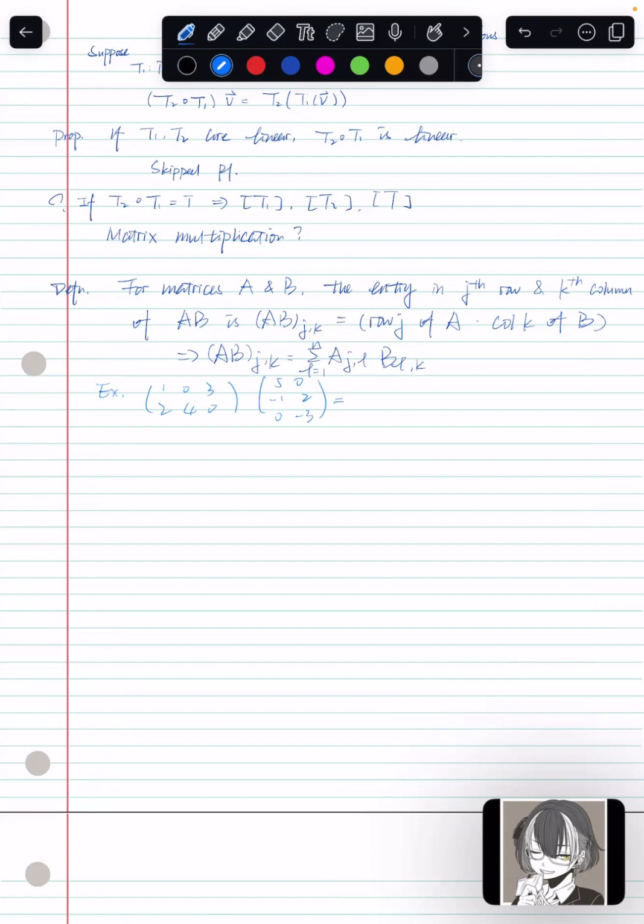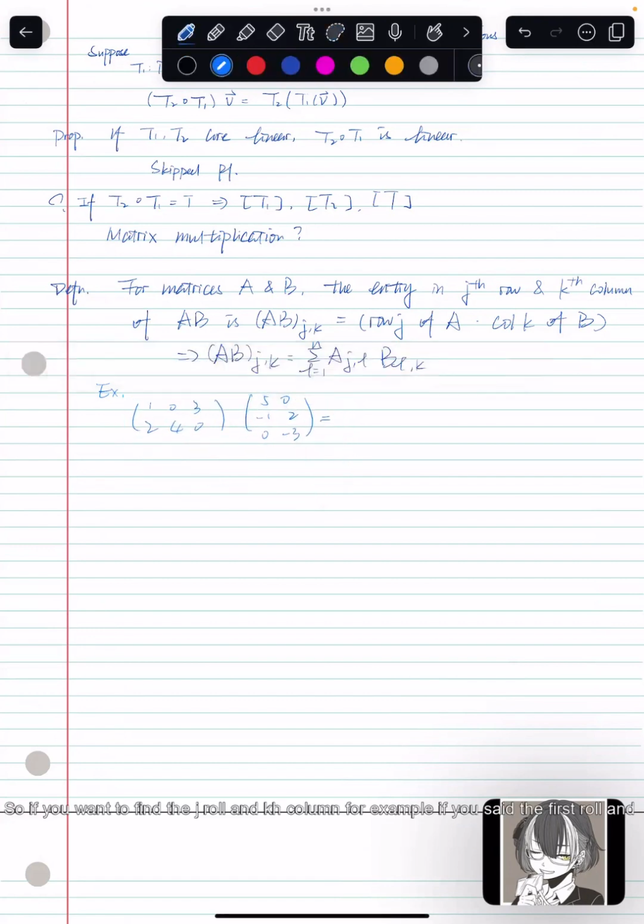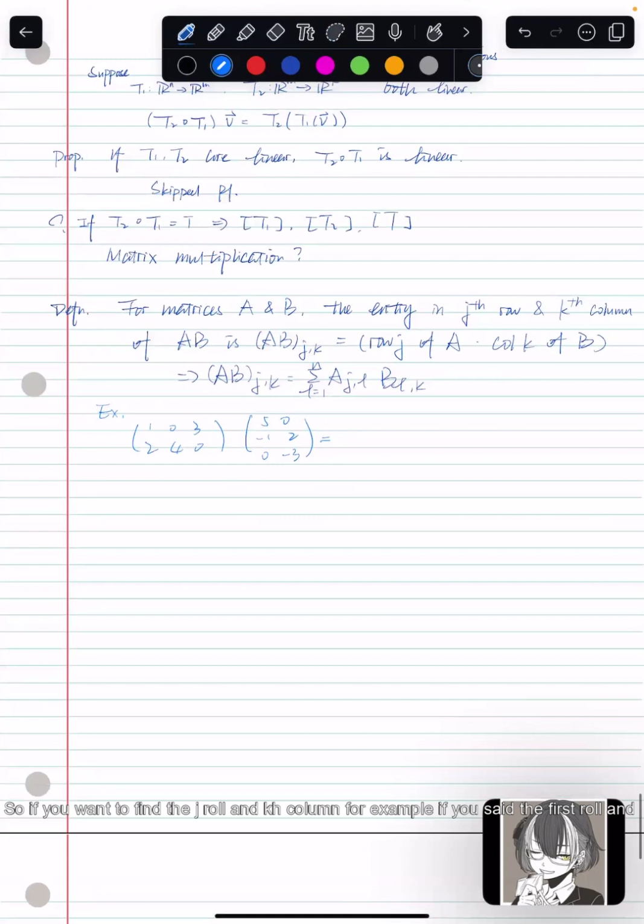So this means if we want to find the jth row and kth column, for example, the first row and first column, then we just do first row first entry multiply first column first entry, plus, because we're doing the sum, the next one, the next one.